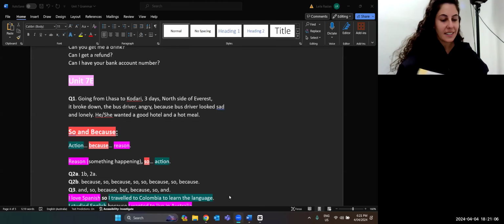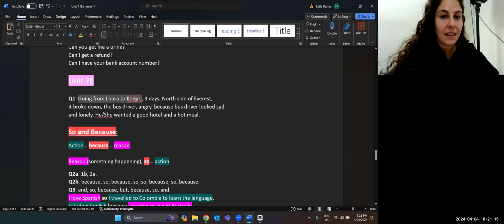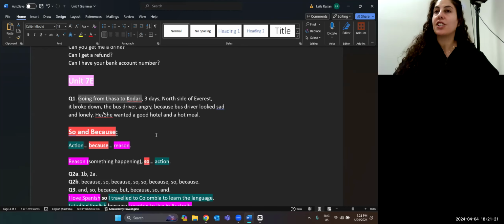Okay, so we read about someone's travel journey. Where was the writer? They were going from Lhasa to Kodari. Okay, so where is a question about location. So where were they? They were in this place, but they were going here.